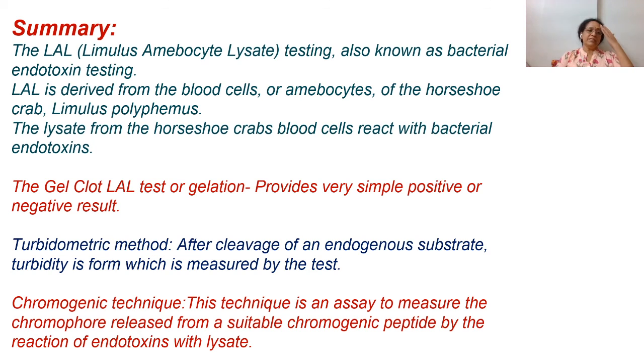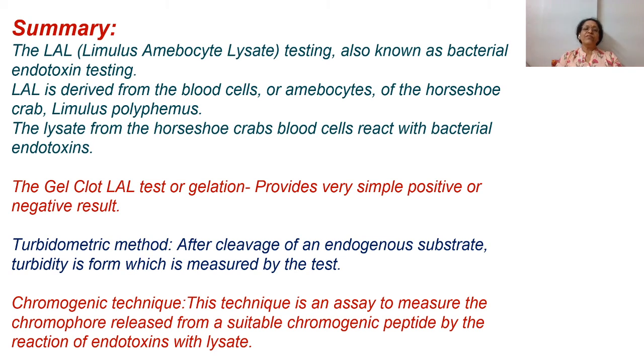We can summarize this. The LAL, that is Limulus amoebocyte lysate testing, is also known as bacterial endotoxin testing. The LAL term is derived from the blood cells, or amoebocytes, of the horseshoe crab Limulus polyphemus.